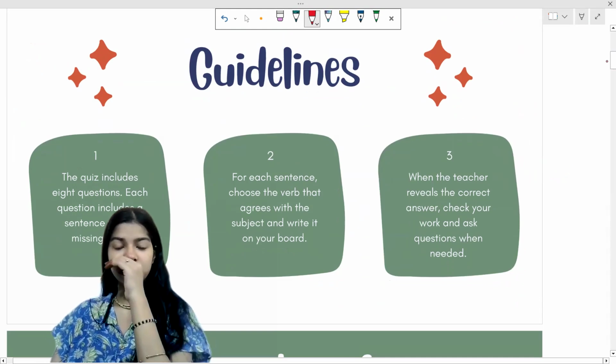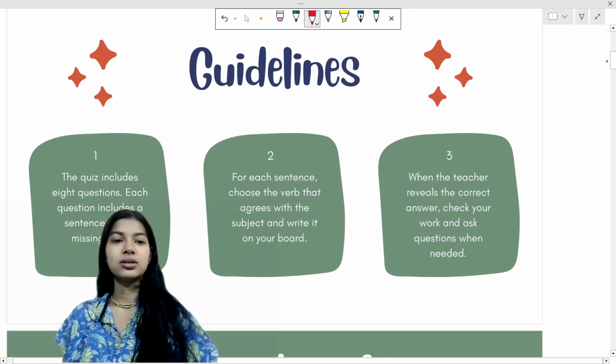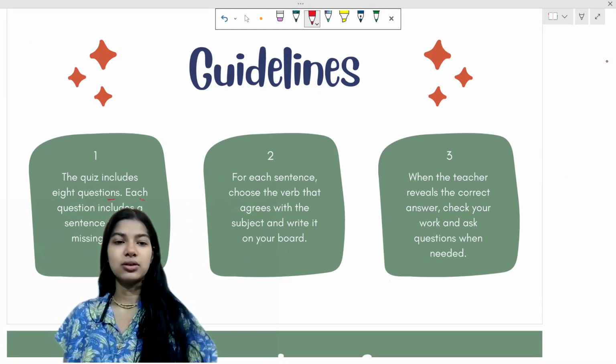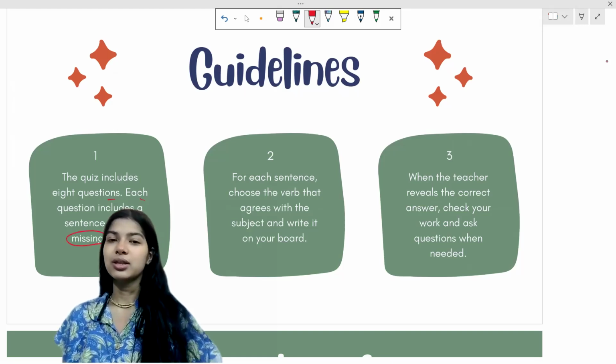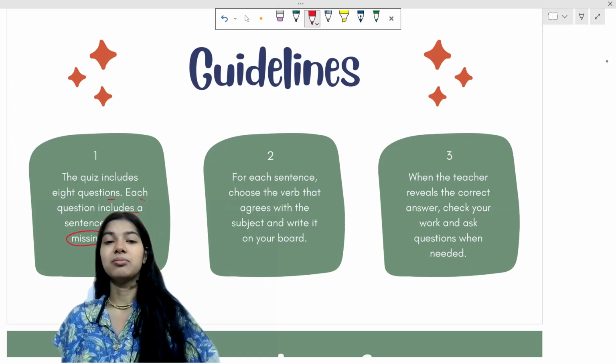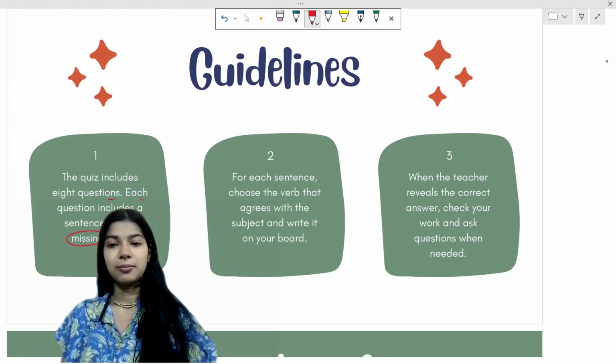Here are the guidelines: the quiz includes 8 questions. Each question includes a sentence with a missing word, the verb. For each sentence, choose the word that agrees with the subject and write it on your board.